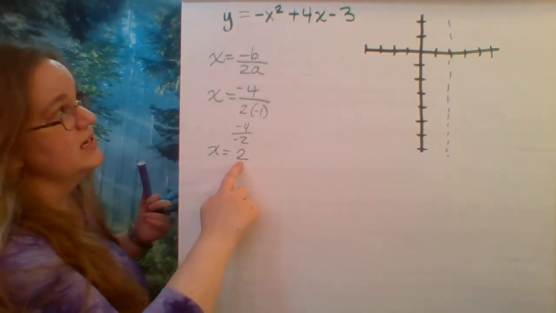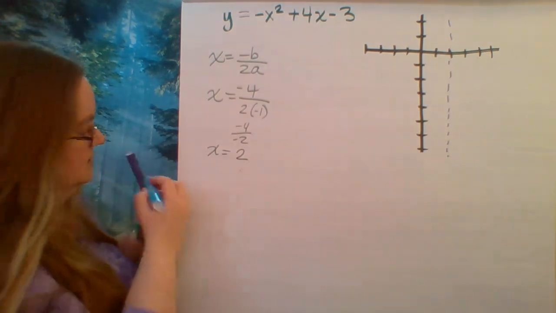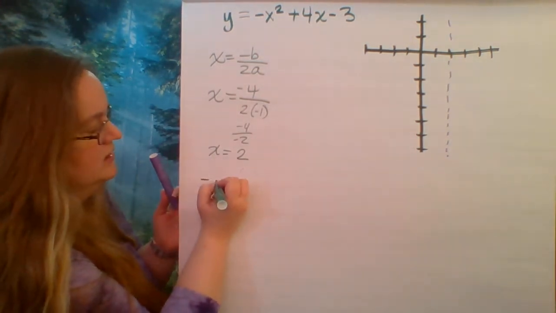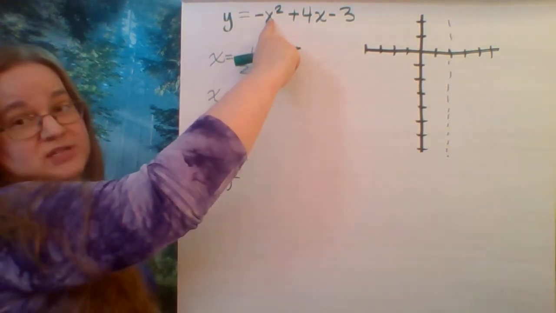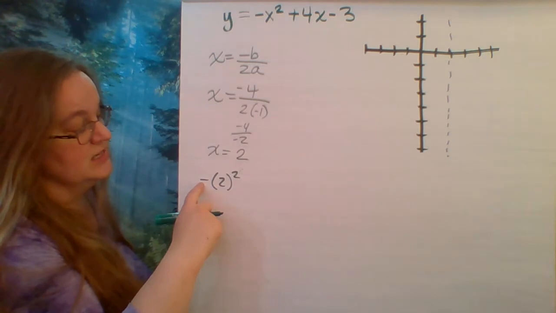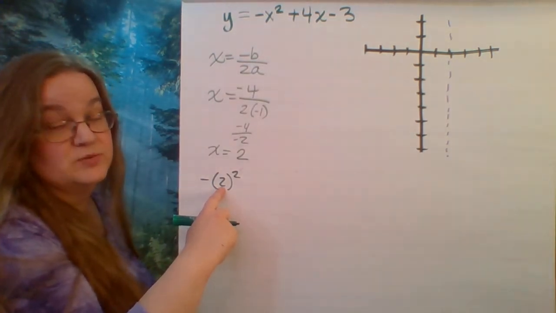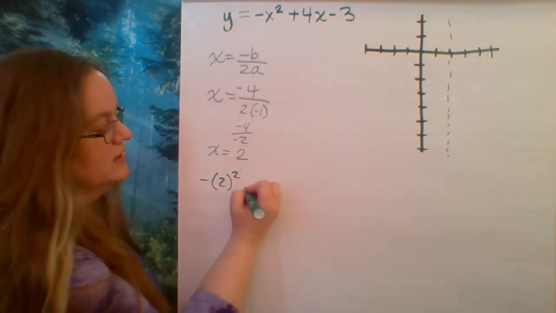To find my vertex, I'm going to take this value and substitute it back in. So negative, and notice that negative is outside the parentheses because I'm substituting in for x. It's negative whatever this comes out to be. That's one of the places that's really likely for people to make mistakes, so be really, really careful there.